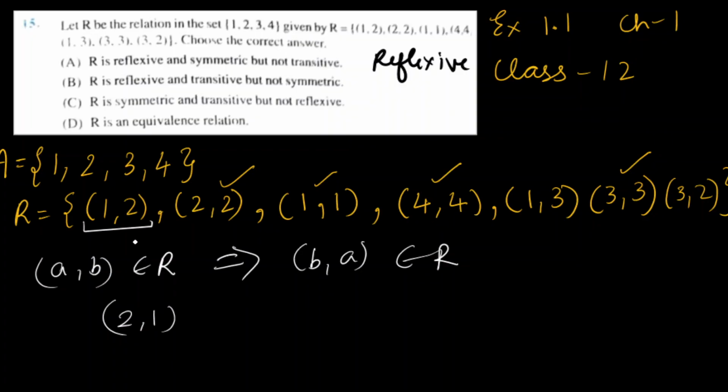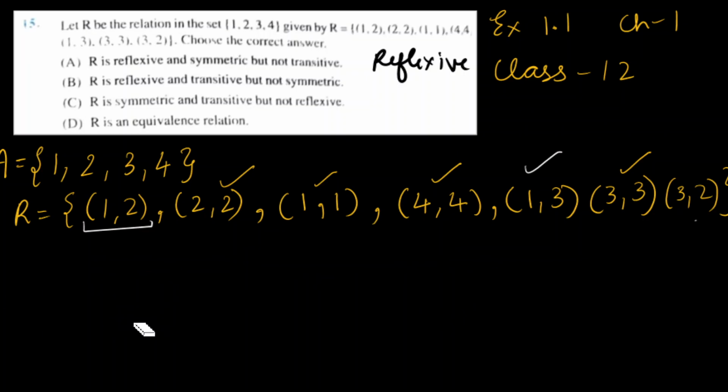If it is not true for one ordered pair, this relation will not be symmetric. For (1, 2) we don't have (2, 1), for (1, 3) we don't have (3, 1), and (2, 3) we also don't have. So this relation is not symmetric. It is reflexive, but not symmetric.